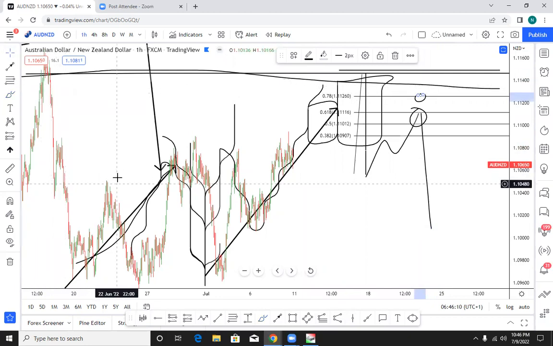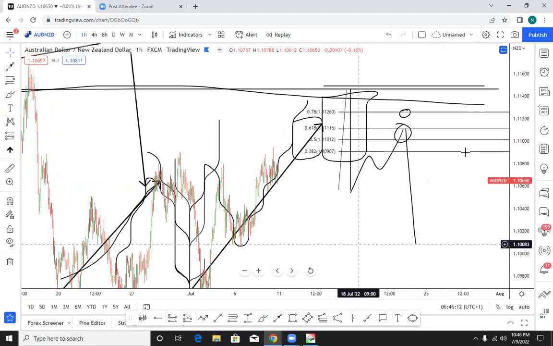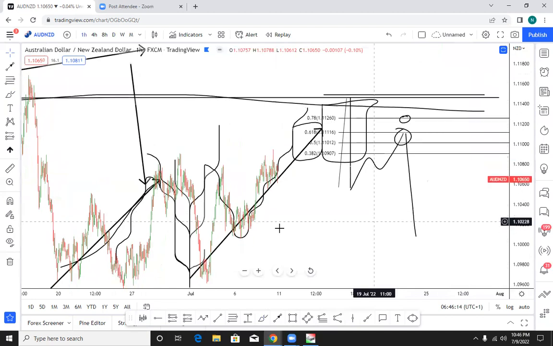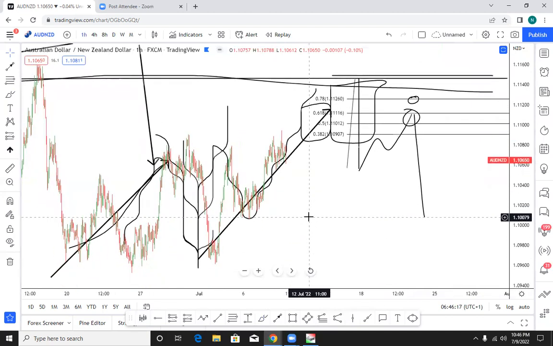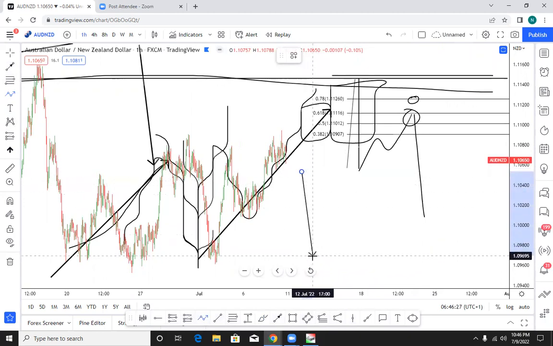Somebody is saying, what is expanding flat again? Go check out my videos on corrective structure. You will understand expanding flat. But for the sake of those that do not have ideas of it, look at it. Every impulse in the market must be corrected.